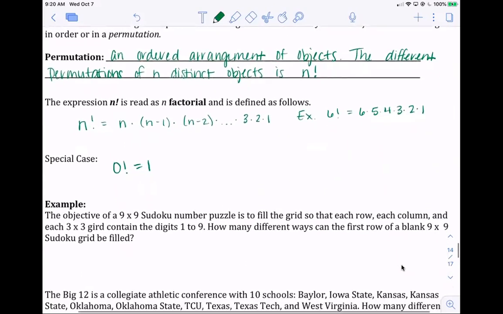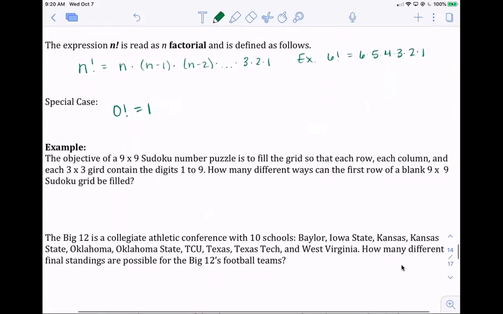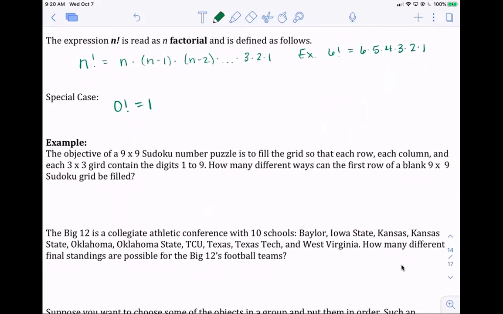So an example, the objective of a 9x9 Sudoku number puzzle is to fill the grid so that each row, each column, and each 3x3 grid contains the digits 1 to 9. How many different ways can the first row of a blank 9x9 Sudoku grid be filled? So we have 9 numbers, 1 through 9. So 9 factorial.